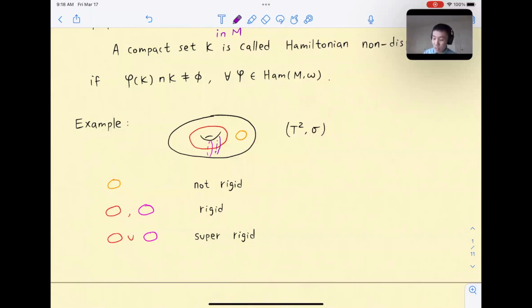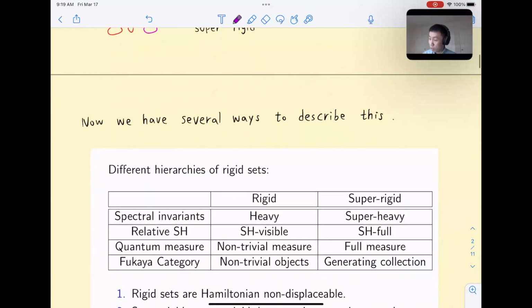So the third layer of rigidity, sometimes called superrigidity, is that there are some sets which somehow see all the rigid objects. This is our first example. This phenomenon happens in general settings for any symplectic manifold, and now we have several languages to describe it.